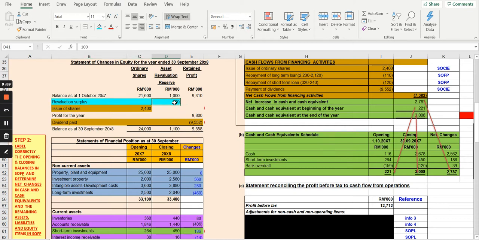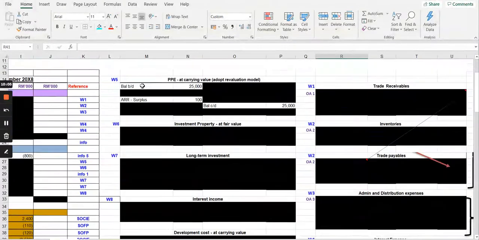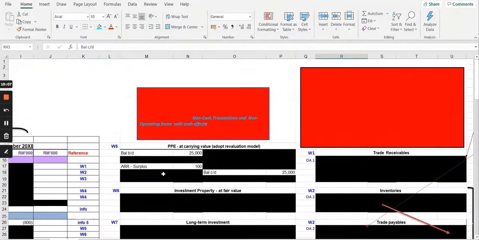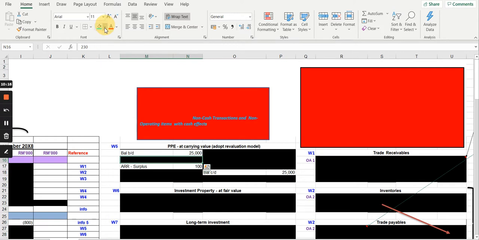So this 100,000, you credit your ARR, right? So when you reconstruct, that will be debited to your PPE account. After you have done that, you will have to go and put back your item that relates to the acquisition. Yeah, your acquisition.